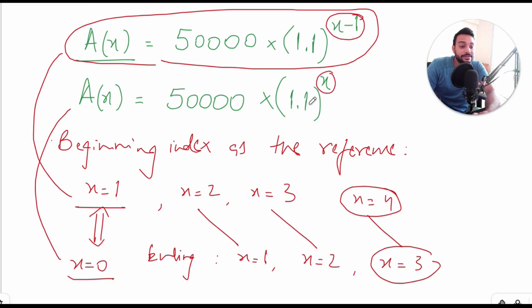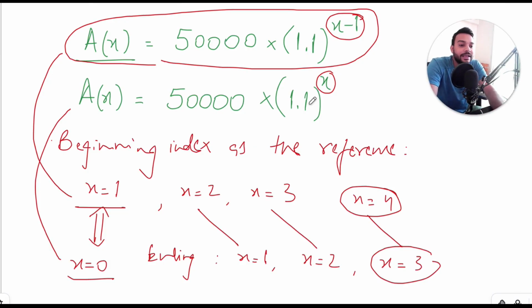That's the only difference. You need to understand this properly, 100%, because this will solidify your understanding. You don't need to memorize whether you should always use X minus 1 or X. You should take your call then and there whether you want to represent the beginning index or the ending index. They might ask you to tell the value of a product after n years.